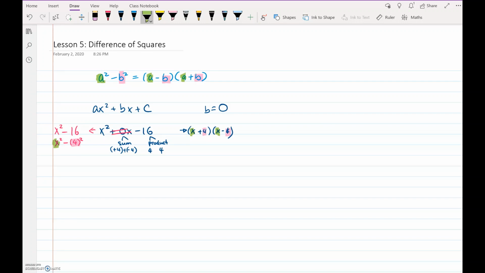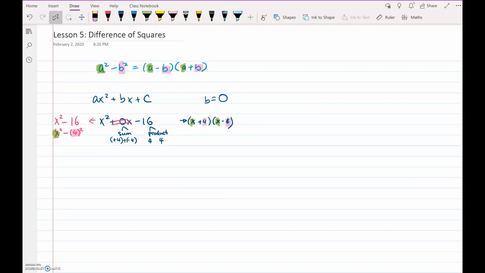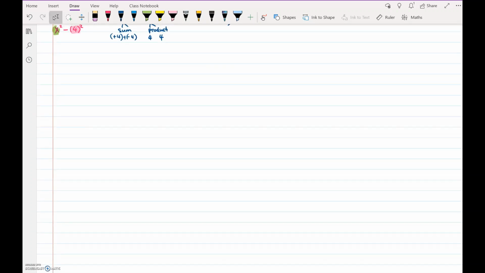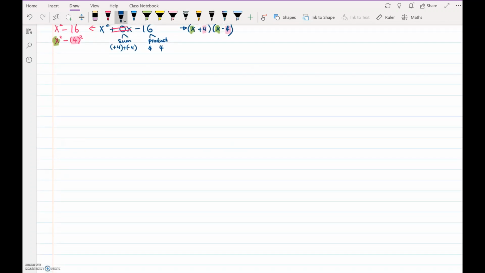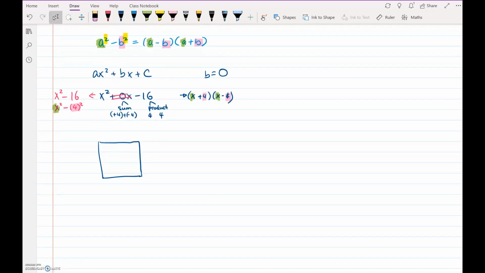So how can we actually envision what this difference of squares looks like, and why do we call it a difference of squares? Well, for one, anytime we have a 2 exponent, it's squared. In terms of area, it looks exactly like one side multiplied by another. So let's say a squared is the first thing we have here.